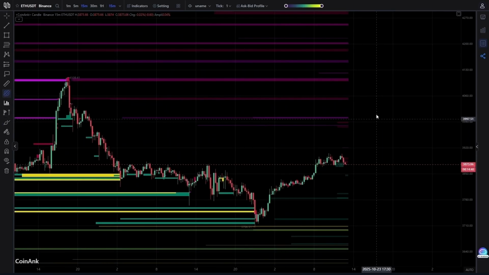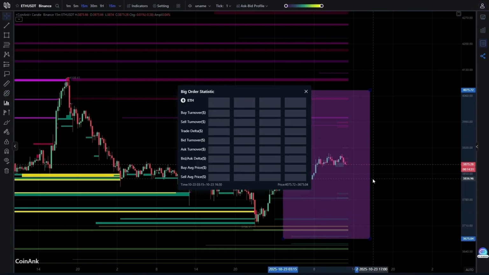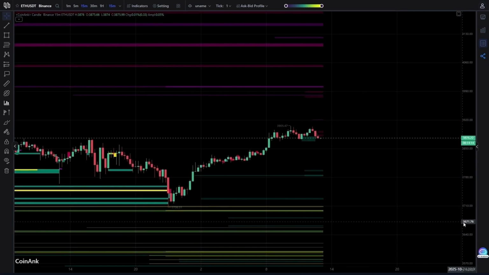Let's say we go to 3,675. Do we see it's an extremely neutral order book for Ethereum as well, with a slightly bearish tint, but it's below 100 million, so we can pretty much say it's extremely neutral.